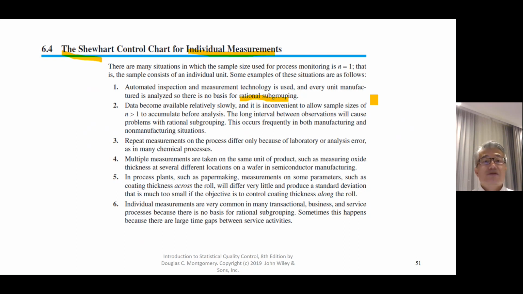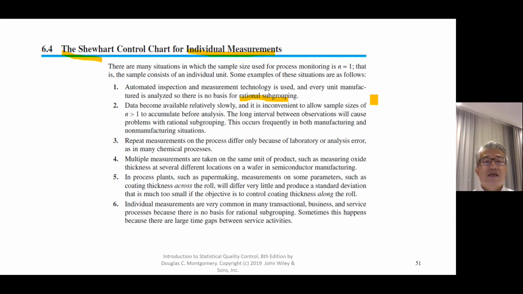Number 3, multiple measurements are taken on the same unit of product, such as measuring oxide thickness on the surface of a wafer at several different locations in semiconductor manufacturing. So we take the measurements simultaneously, however at different locations.